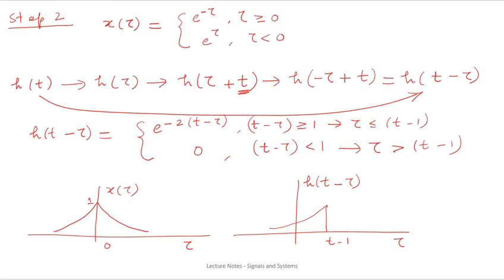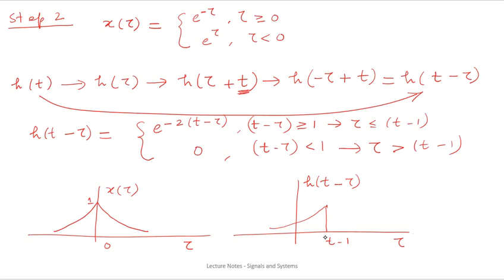Now there can be two different cases. What are those two different cases? The first case is if this t minus 1 is less than 0, because shifting will depend on the value of this shifting factor t.